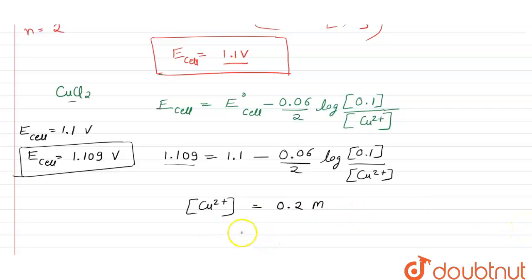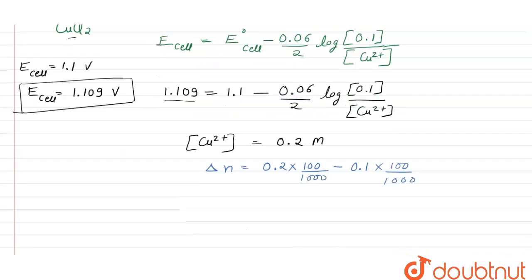We can calculate the change in the number of moles here. The change in number of moles can be calculated like this: 0.2 into the volume, which is remaining the same here, as we just stated in the question that the volume is not going to change. So 100 centimeter cube is the volume given here, divided by 1000, then minus the initial concentration of copper 2+ ion, which was 0.1, with the initial volume also the same.